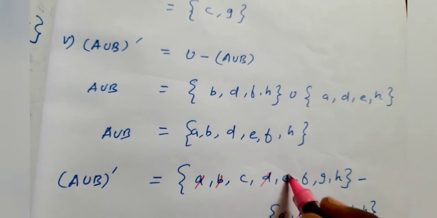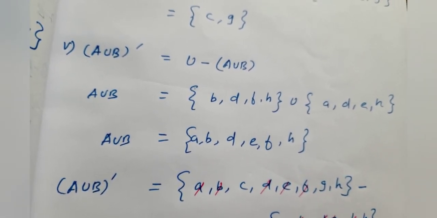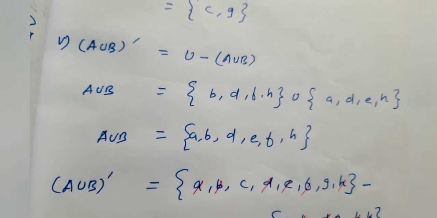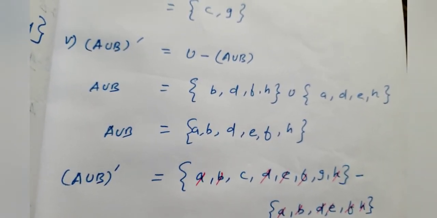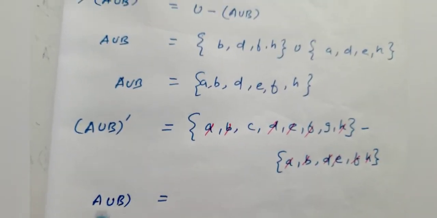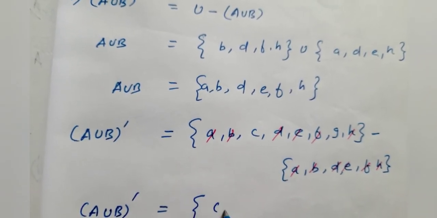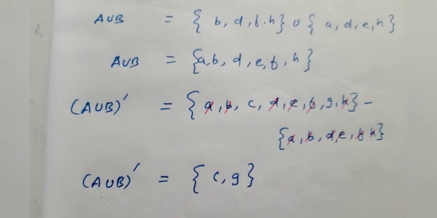Therefore the remaining elements, A union B the whole dash, is equal to C and G.